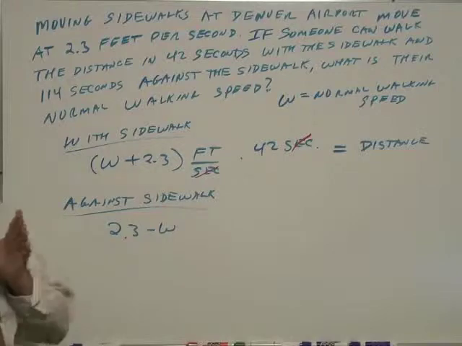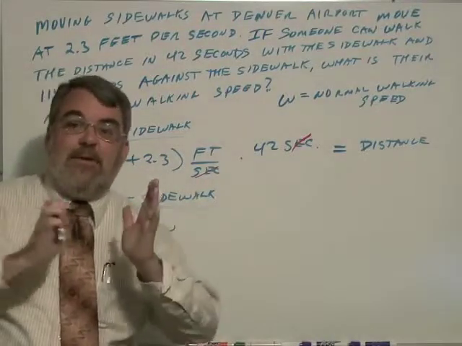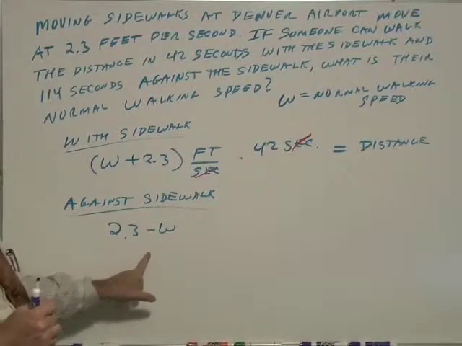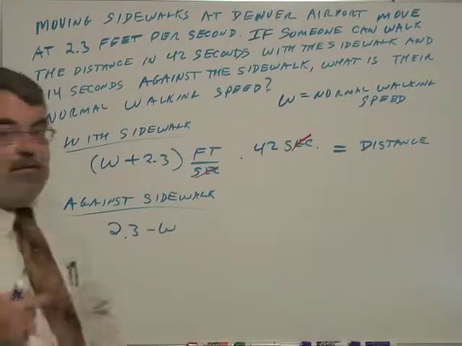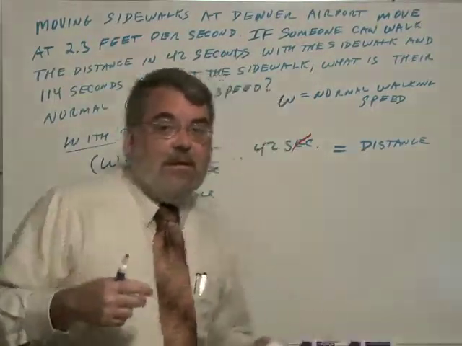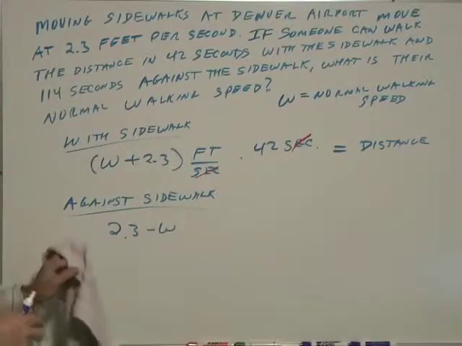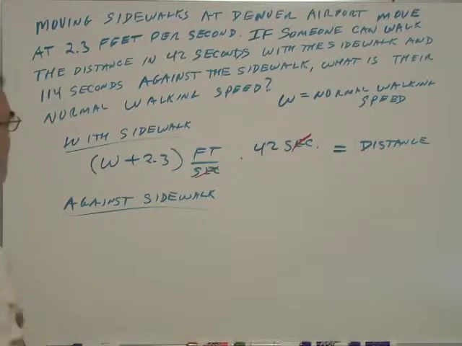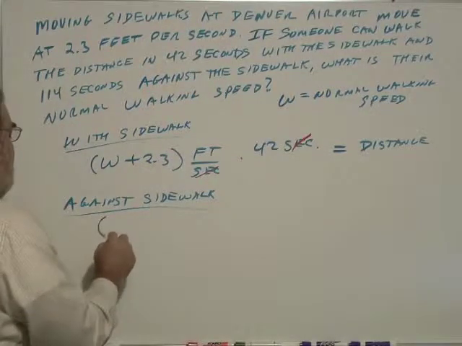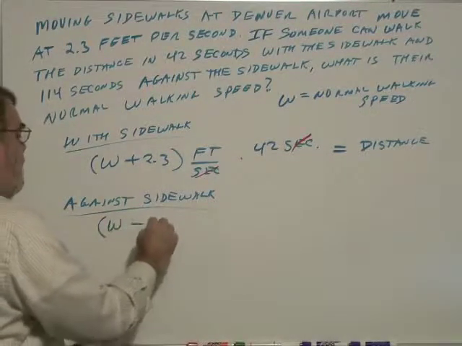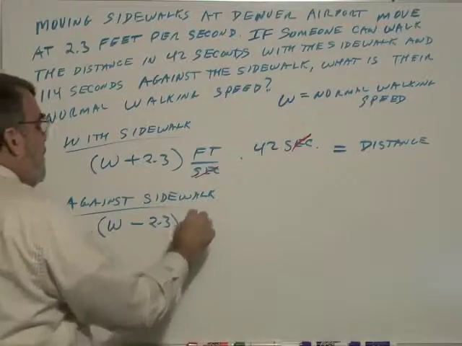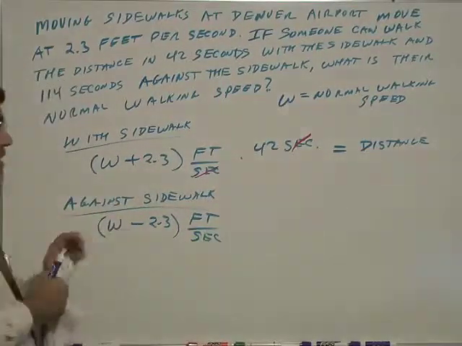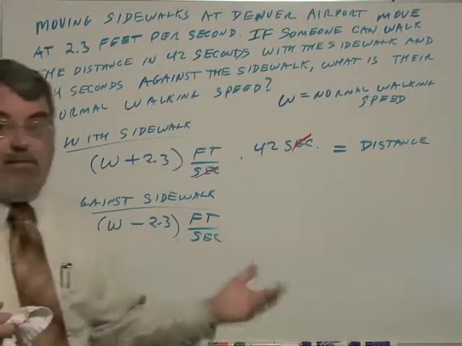The sidewalk is subtracting from your speed because you're moving against it. So be very careful here. When you get any kind of subtraction or difference in a problem, the order of subtraction makes a big difference. And if you get them backwards, it's just going to mess you up. So you've got to slow down and think about those. This will be the person's walking speed minus 2.3 feet per second. Because, one more time, the sidewalk is subtracting from their walking speed.